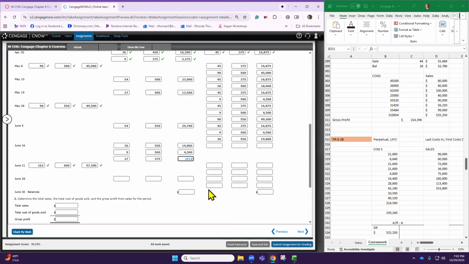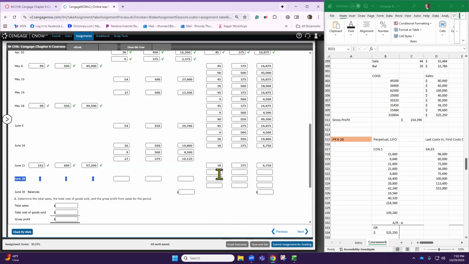Is 10,125. Now, how many do we have left of the $375 cost? So if you look at 45 minus 27, you have 18 remaining at 375, and that is 6,750. Bring it down before the next purchase.